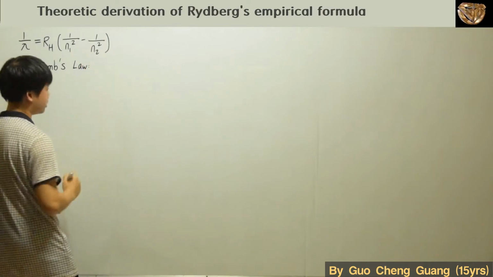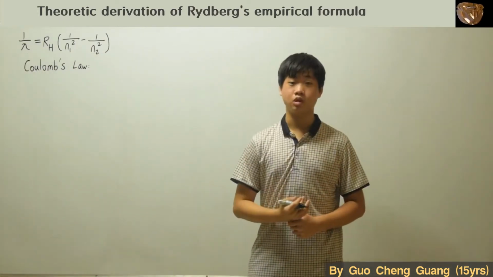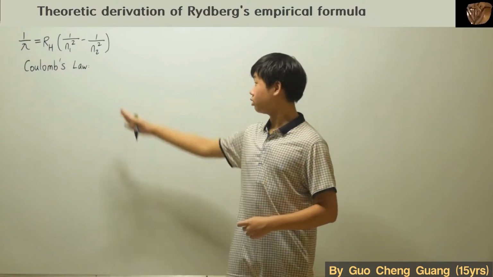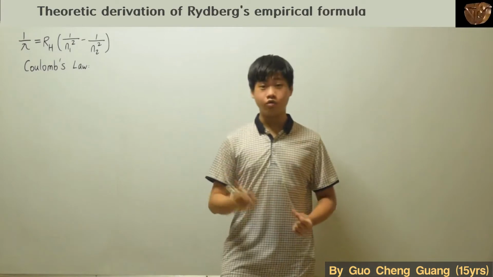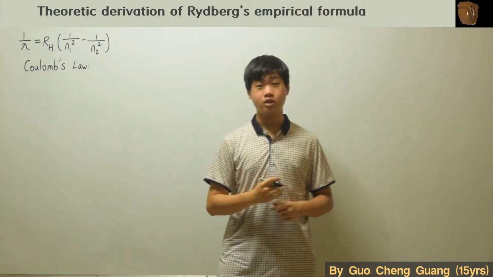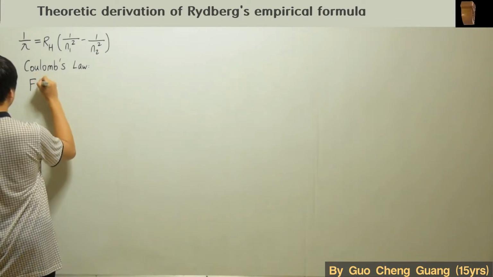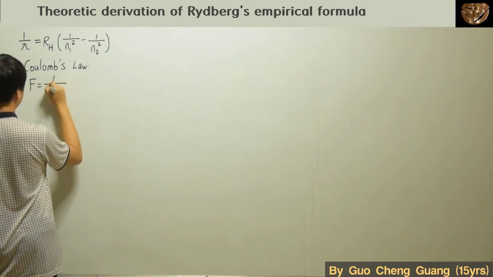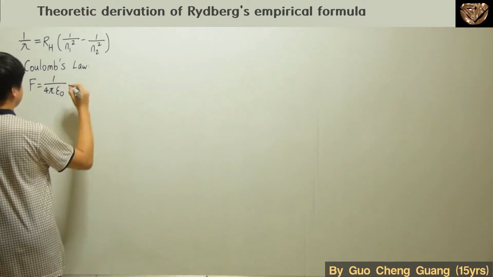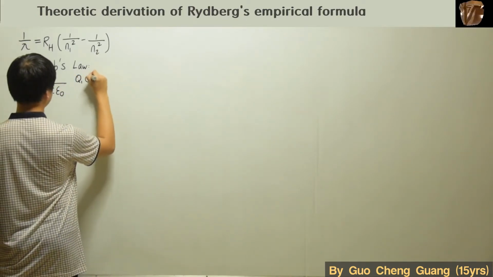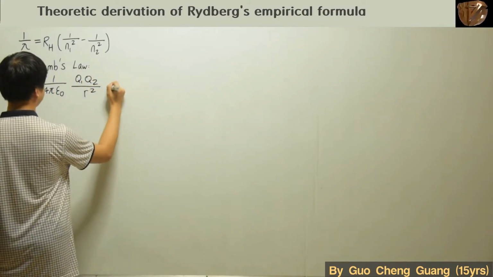Coulomb's law. What is so special about Coulomb's law? What would we need from it? Since this is your electrostatic force between your two charges, you would have F is equal to 1 over 4 pi epsilon naught Q1 Q2 over r square.